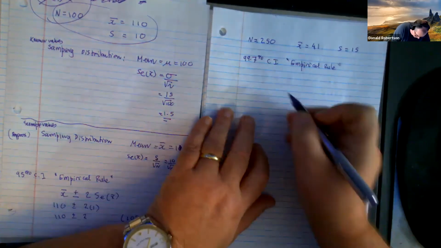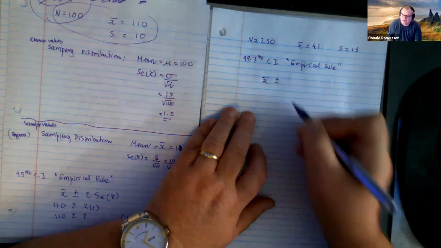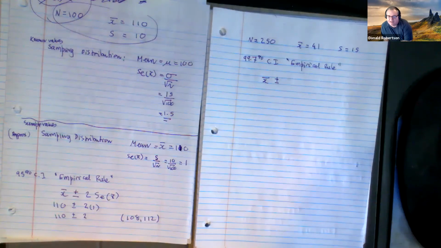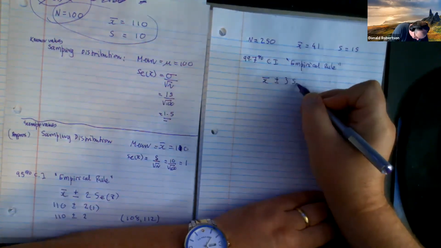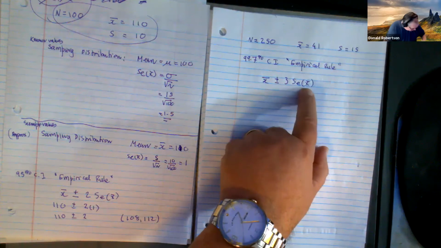Well, that would be the mean X bar plus or minus how many standard deviations for a 99.7, right? We're used to that guy. The standard error of X bar is the guy that's going to represent our standard deviation. And I guess I should calculate it. So here it is up here.